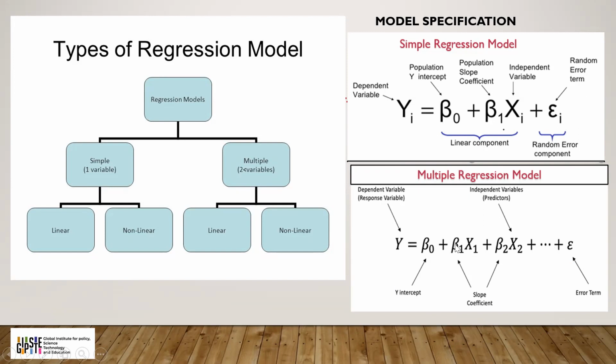Then we have the slope of each independent variable. So b1 becomes the slope, b2 or the beta 2 becomes the slope. It doesn't matter whether you're using alpha, beta, or you are using A, B, C, D. You have to define them. What A means, what B means. If you're using betas, you have to define what beta means.